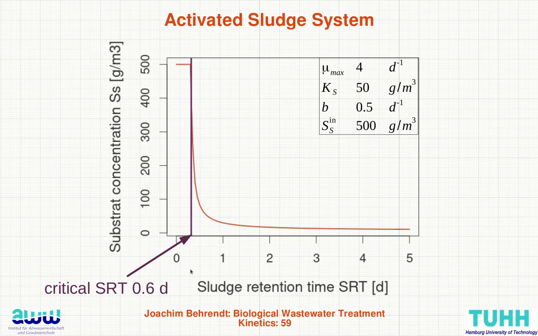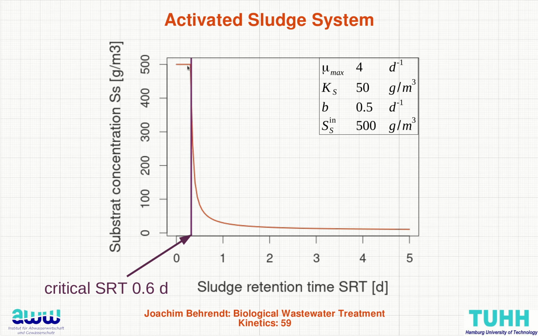So finally, this is sketched here for these values. For very small sludge retention times, the inflow concentration remains, because the microorganisms are washed out; they do not have enough time to duplicate themselves and grow.